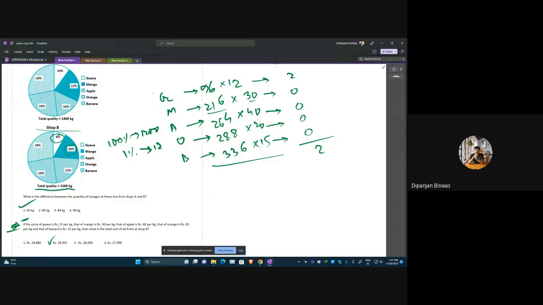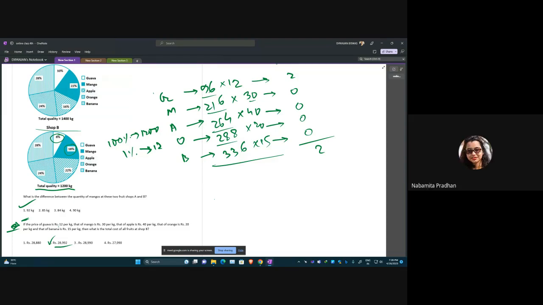And only one option has 2 in the units digit. So you can save like 1.5 minutes by just skipping the multiplication in this way. Just try to find the unit digit whenever you get this kind of question where you have to do a lot of multiplication and summation. I hope it was clear to everyone.